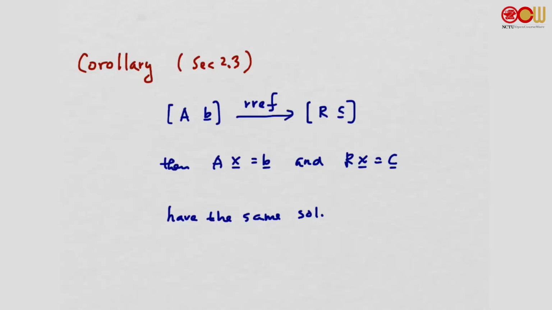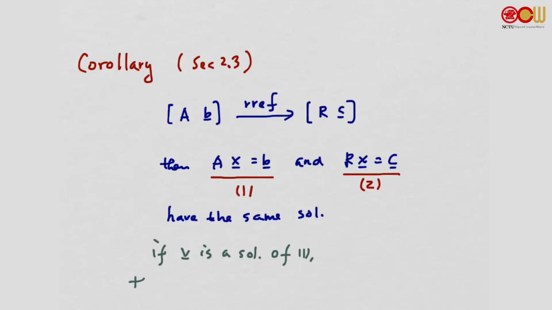What does this corollary mean? Let's say this is system number 1 and this is system number 2. What this means is that if V is a solution of 1, then V is a solution of 2, and vice versa.